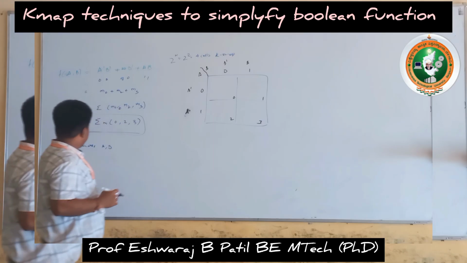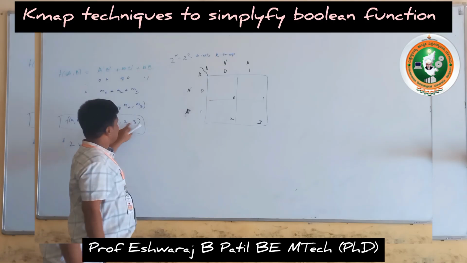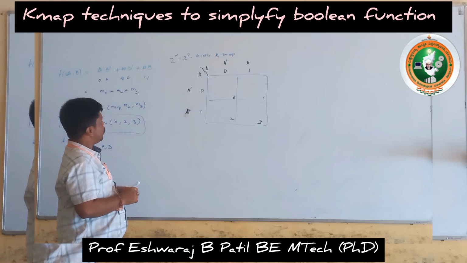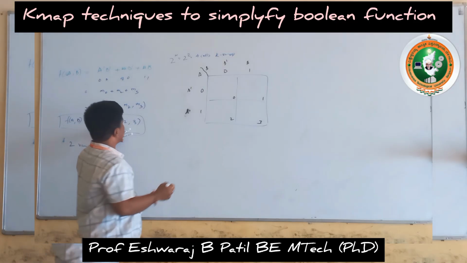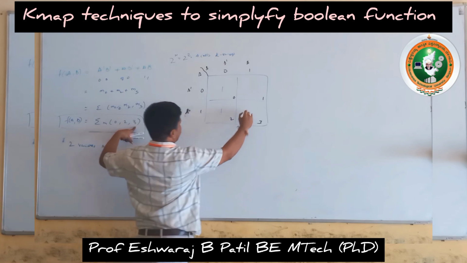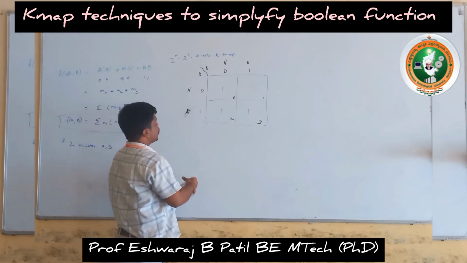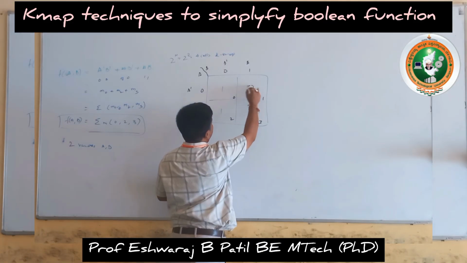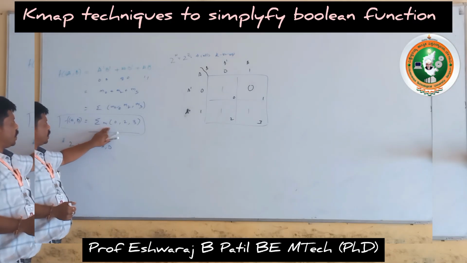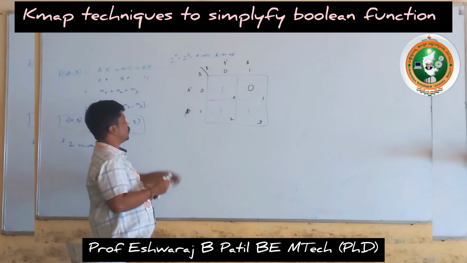Next, the cells corresponding to the min terms are filled with 1. The first cell is 1, the second is 1, the third is 1. The remaining cells are filled with 0. Don't fill 1 because it is not present in the summation SOP form of this Boolean function.